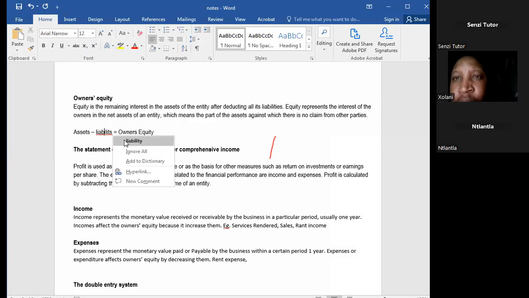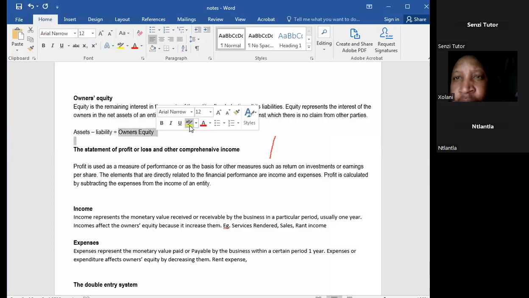We minus liabilities from assets, and then we get the interest. The interest is owner's what? Equity. That's why it says owner's equity, or equity, is the remaining interest in the assets of the entity after deducting all its liabilities.